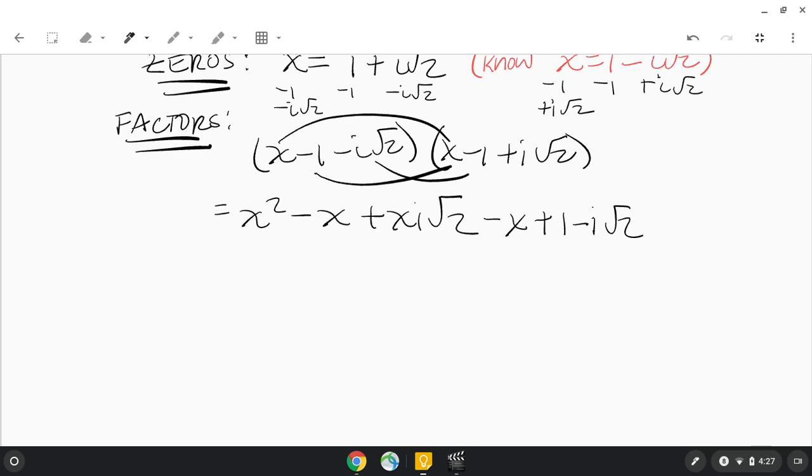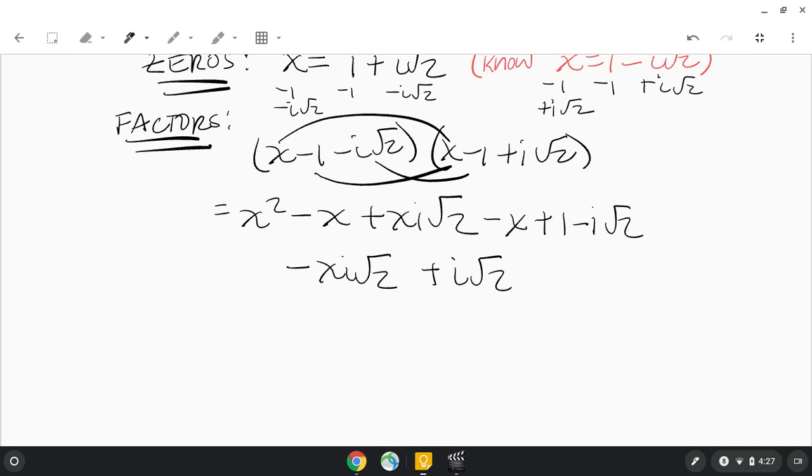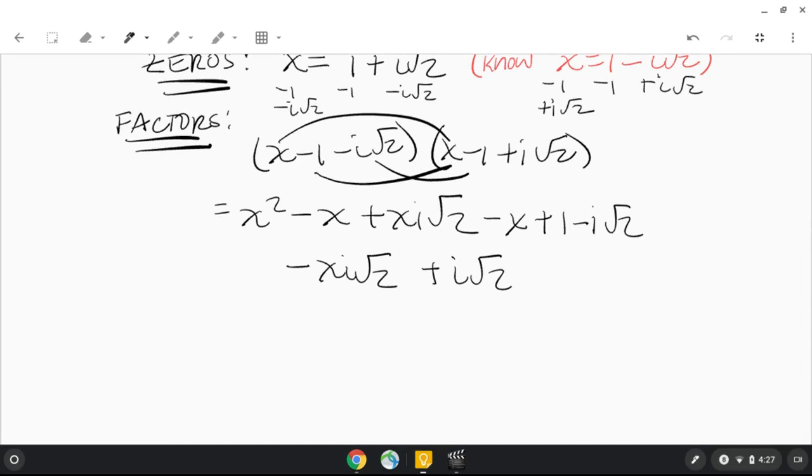All right, so I'm going to get negative x i square root 2, and then positive i square root 2, and then negative i squared and square root 4.